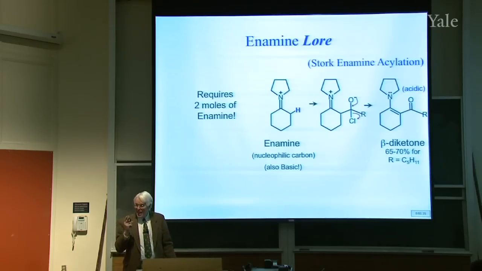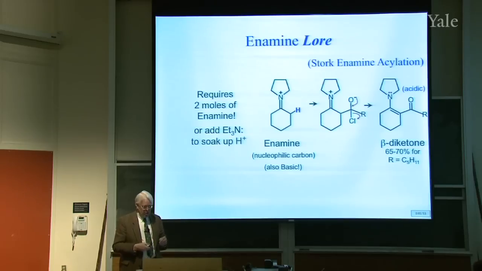So that uses a second enamine up. So you need two of them if you want to get the reaction to go. Otherwise, the first half of the product chews up the rest of the starting material, right? But there's a cheaper way to do it, which is to put in some other base that can eat up the proton. So in fact, triethylamine is added in to soak up the H+.